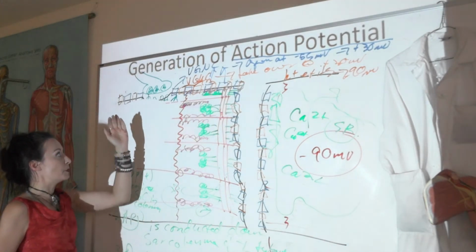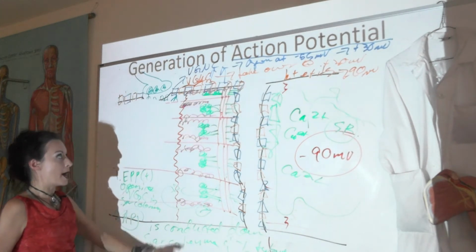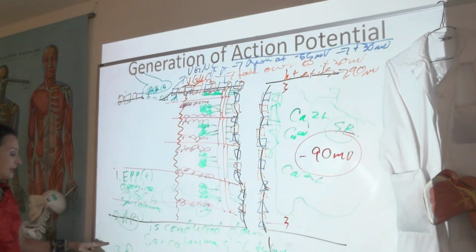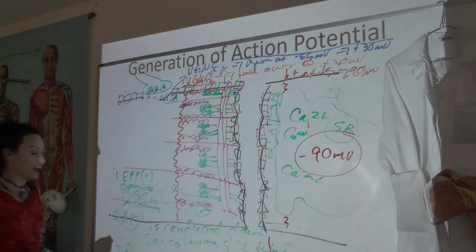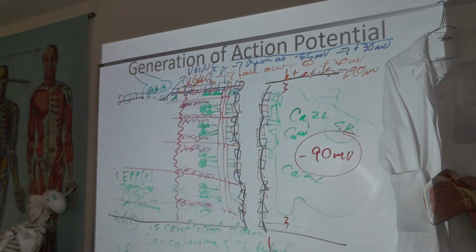So we have coupled excitation to contraction by generating and conducting an action potential. So for this last step, we'll say depolarization is going to open our voltage-gated calcium channels in our sarcoplasmic reticulum, and calcium will flood the sarcoplasm.